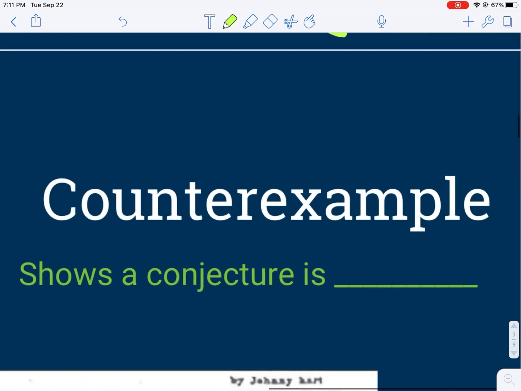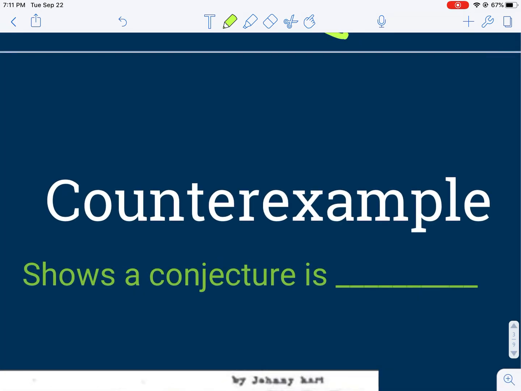My counterexample is what is used to show that it is false. So if I find a piece of pumice and I put it in water and it floats, all of a sudden my conjecture of all rocks sink is false. It's not true, and I only needed one example of it not being true for the whole thing to fly out the window.